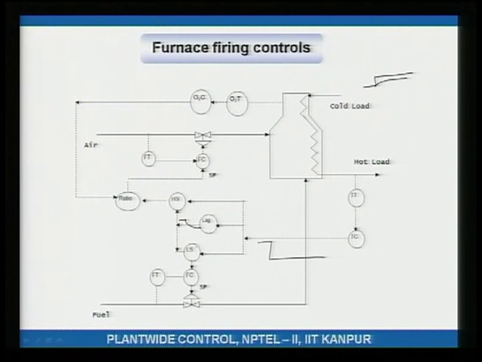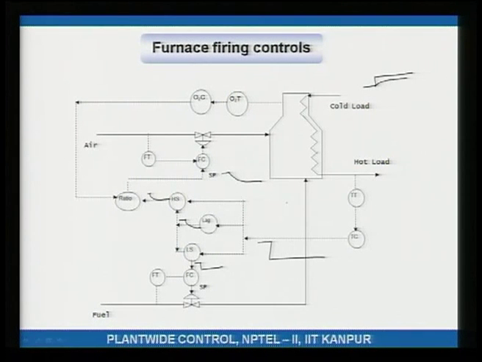Therefore, the low select will select the step down. So, the output of this low select will be this one. On the other hand, the high select will select the exponential lag. Therefore, the set point to the airflow controller will be like this. The set point to the fuel flow controller is a step down.